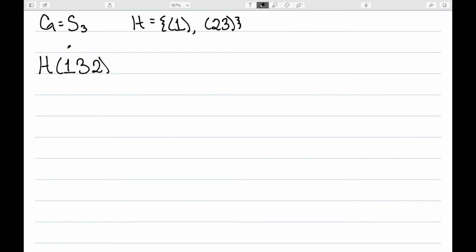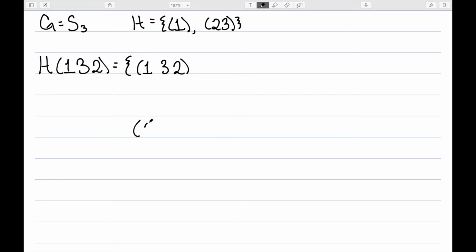As an example, let G be S3 and H be the group generated by (2 3). Let's find H(1 3 2). Well, we take an element of H, the first one's the identity, and compose it with (1 3 2). The identity composed with (1 3 2) is (1 3 2).